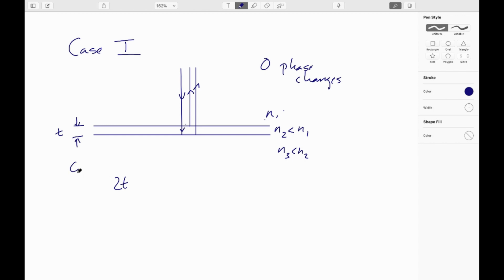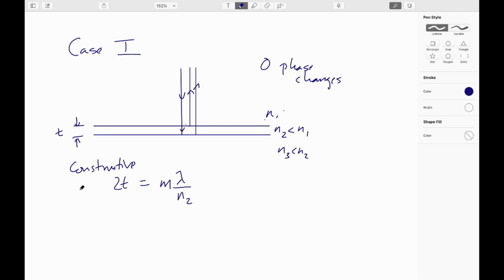If we're going to have constructive interference, I need this round trip distance to be some integer, I'll call that integer m, times the wavelength in this medium right here. Well, the wavelength in medium 2 is the wavelength in a vacuum divided by N2.